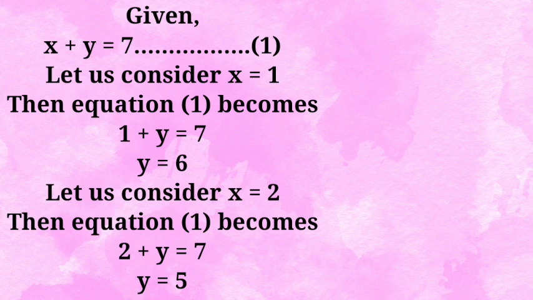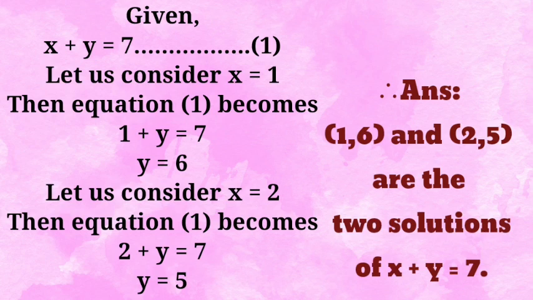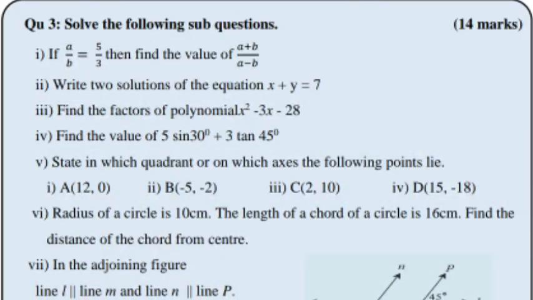Hence the value of y becomes 6. Now let us consider x is equal to 2. Then equation 1 becomes 2 plus y is equal to 7. Hence the value of y becomes 5. So the answer is 1 and 6 and 2, 5 are the two solutions of x plus y is equal to 7.